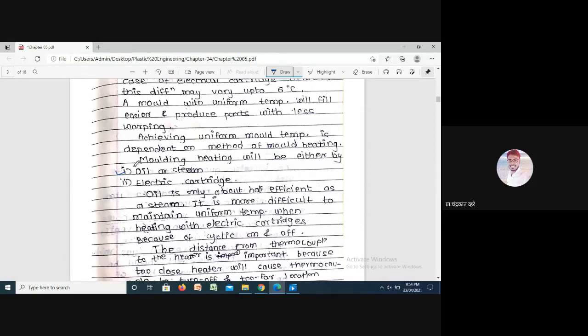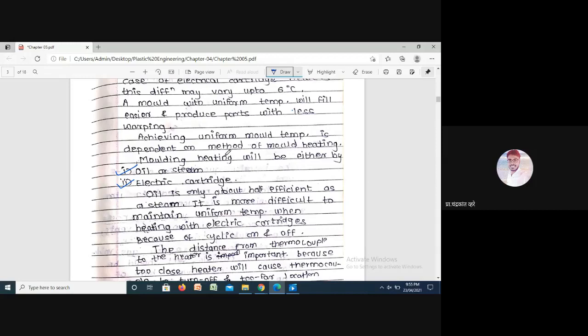First one, by using oil or steam, and second one, by using electrical power. Then the question will arise, which is the best and which is better? There is no word bad, only best and better.